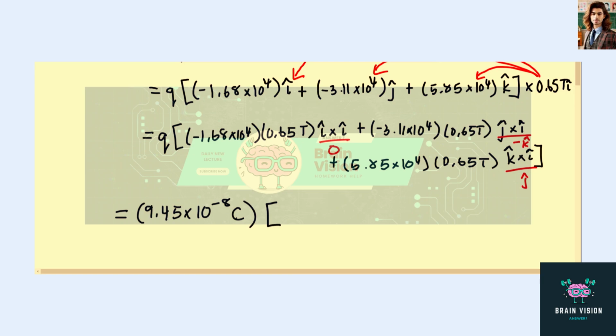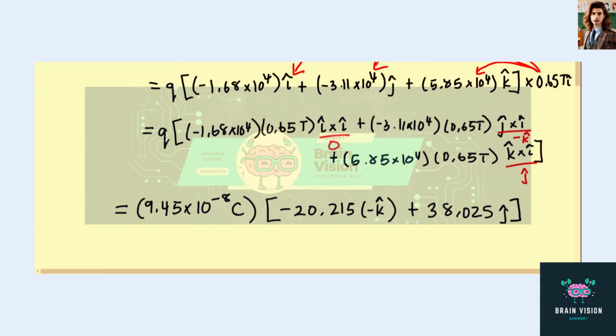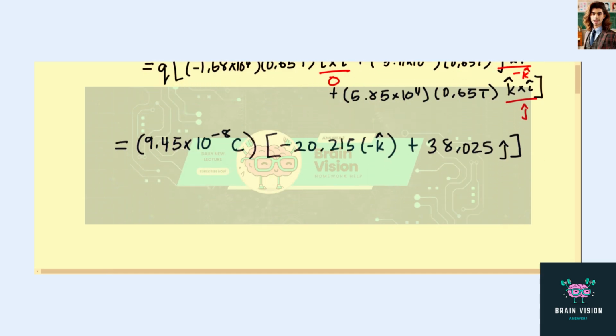So that gives us negative 20 negative k hat plus 38 j hat. And then we just distribute the charge inside.